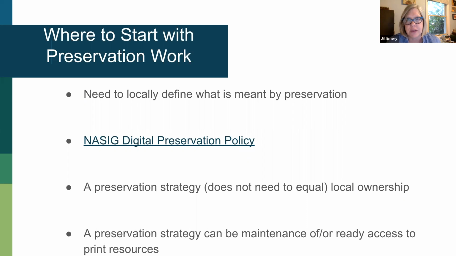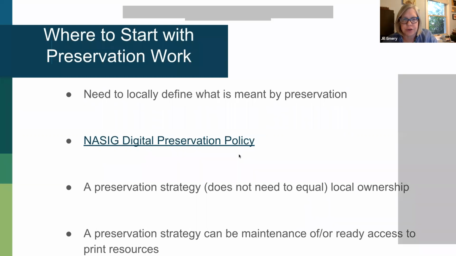So I think that's a point of conversation that every institution needs to have among its own librarians. And a preservation strategy can incorporate the maintenance of or ready access to print resources, and we shouldn't discount print as not having a role to play in our consideration of what we're doing as far as preservation.